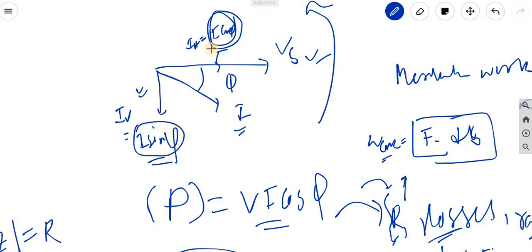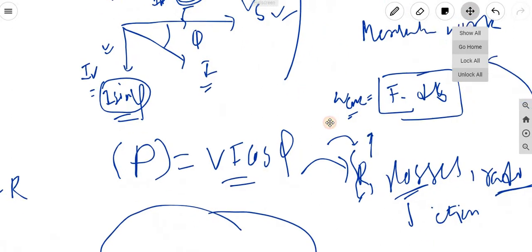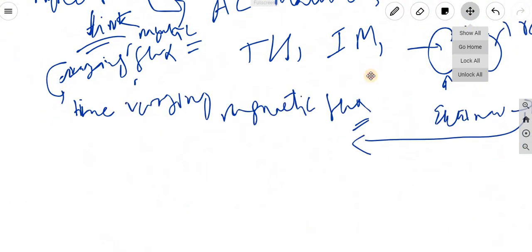So this I cos phi is known as the active component. This component contributes to the active power, and this I sin phi component, the reactive component, contributes to the reactive power.